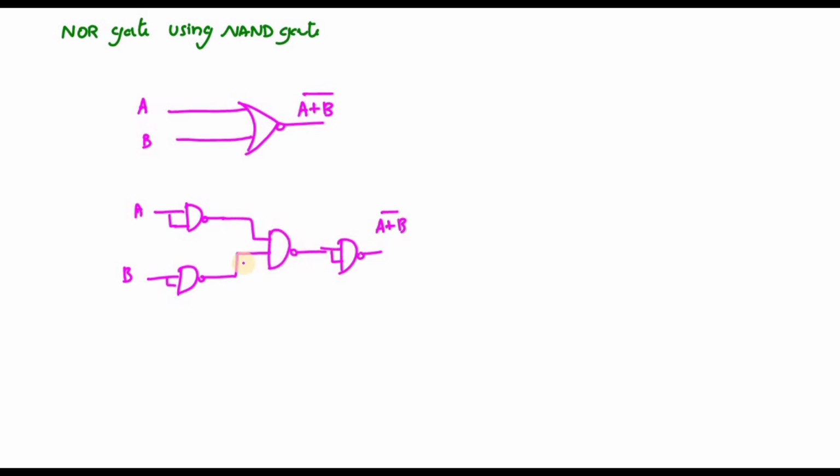So you can see this is nothing but A bar B bar, right? So this is nothing but A bar B bar the whole bar. Okay, so if I take the inverse of this one, this becomes A bar, B bar, right? Both are same.